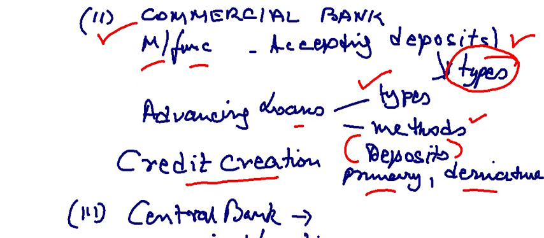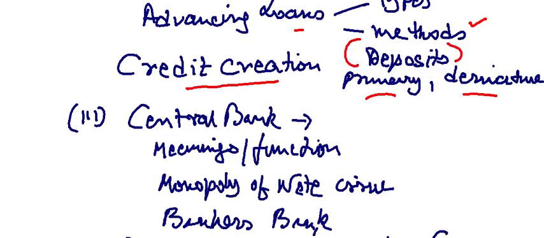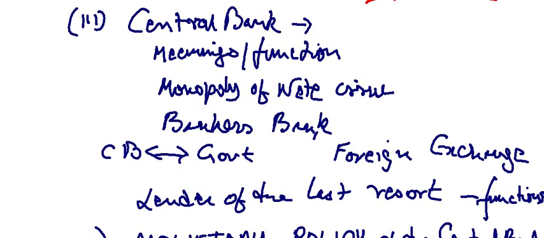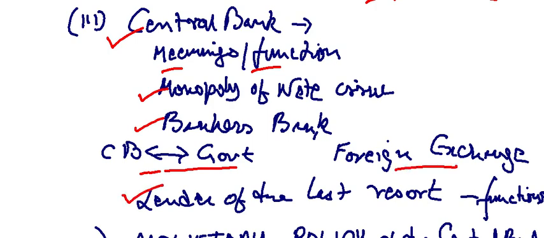And then comes the important part you are going to study under banking, which is the central bank. What is the meaning and functions? Monopoly of note issue, it is a banker's bank. The relation between the central bank and the government. Then foreign exchange, how it manages foreign exchange. Lender of last resort.